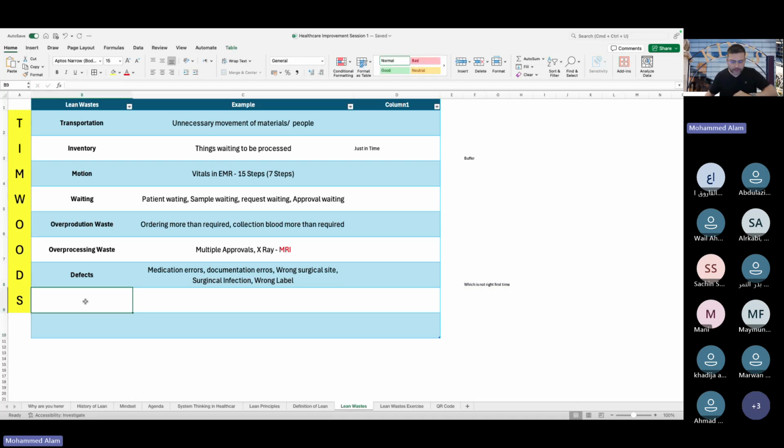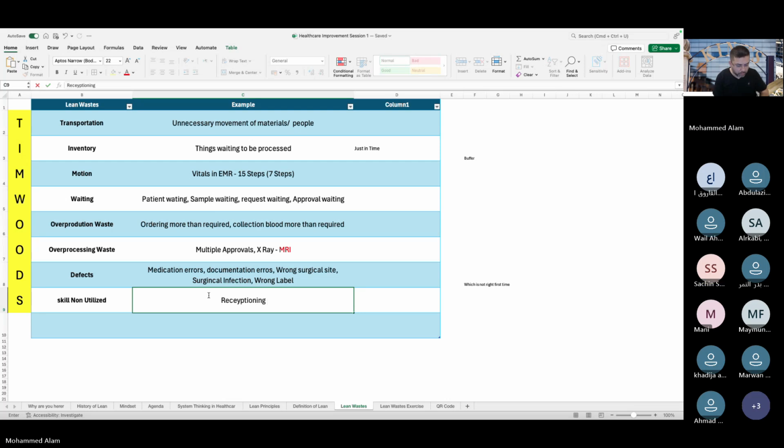What is the last waste? It's already one, but we'll take just 5 more minutes and we'll complete the exercise. What is the last waste? Skills non-utilized, right? Sometimes we have very potential candidates with very good skills in a hospital. Let's say a receptionist very good in data analysis, but not being used.